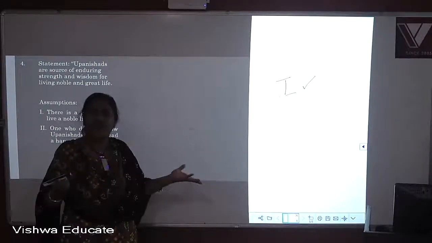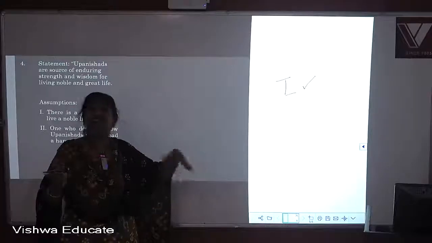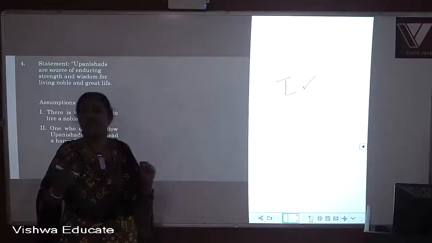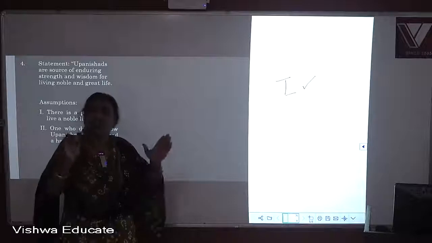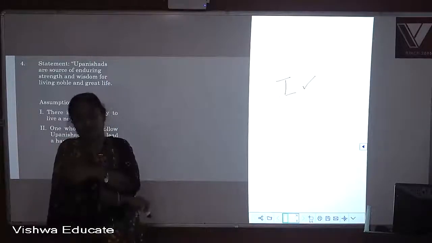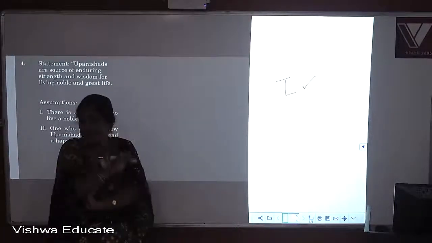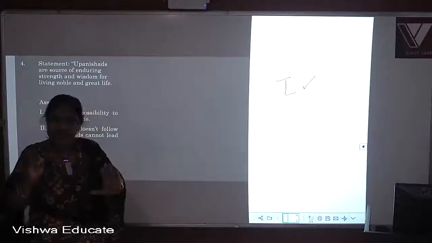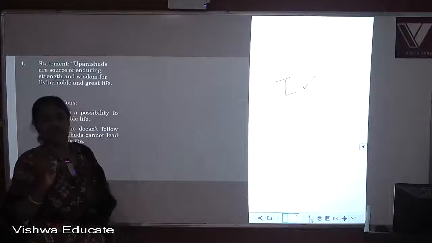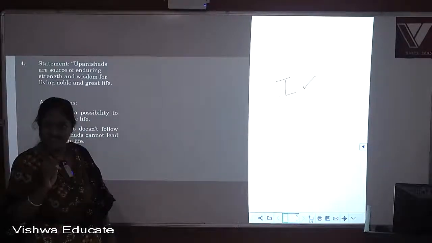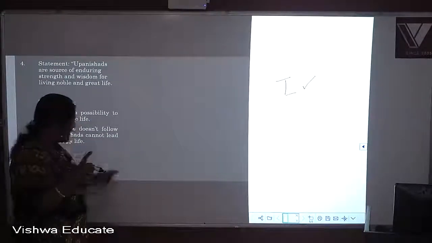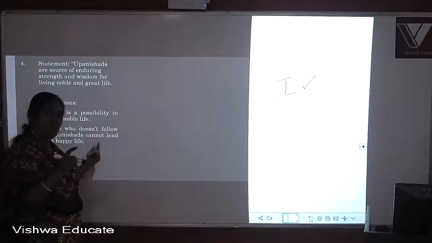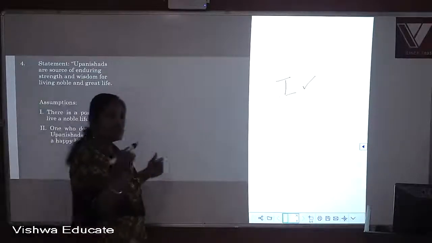That is what it is given. Had it been only, then that would have been given in the statement. But it is telling that Upanishads are also a source. That's the meaning. That's the hidden point. Therefore, nowhere is it said that Upanishads are the only source of strength and wisdom. Therefore, you cannot say that one who does not follow Upanishads cannot lead a happy life.